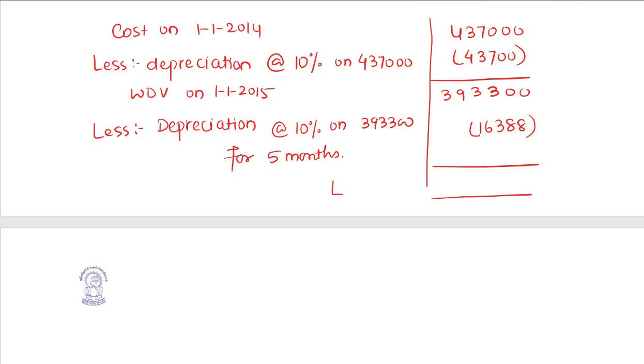Loss on scrap equals 376,912 because the scrap realized nothing.